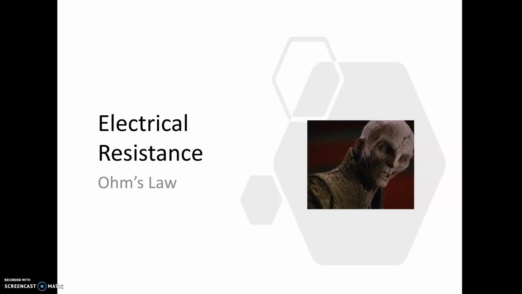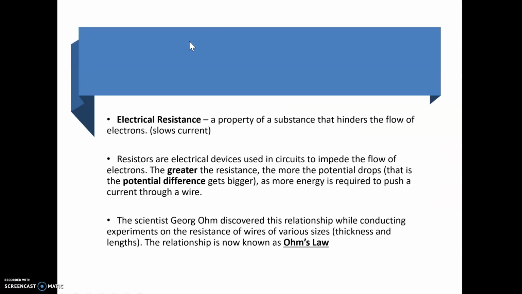So moving on, we're going to talk about what resistance is. Electrical resistance is basically just a property of any substance that slows down the flow of electrons, and therefore slows the current down within an electrical circuit.